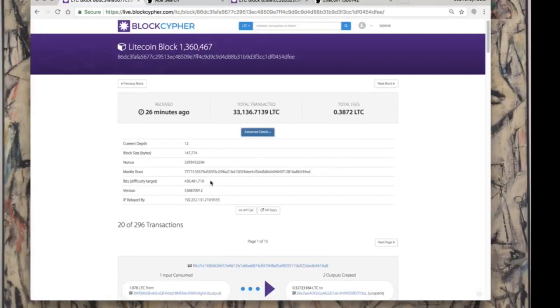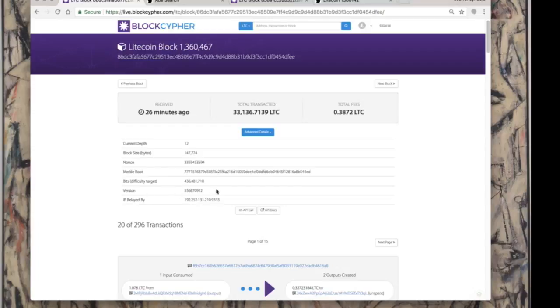This is the information that's propagated through the Litecoin network, and that's how everybody knows what the difficulty is set to. And after every 2016 blocks, the difficulty is readjusted. So if blocks are getting solved faster than 2.5 minutes, then the difficulty gets increased. If they get solved slower than 2.5 minutes, then the difficulty decreases.